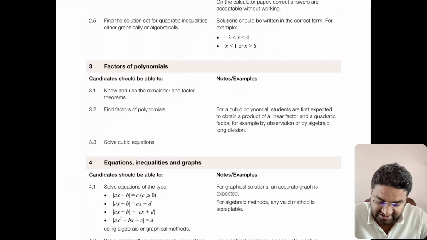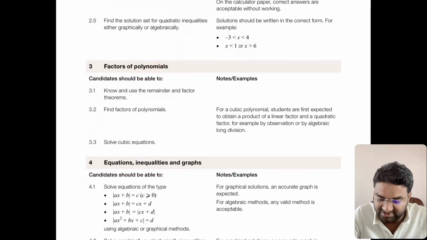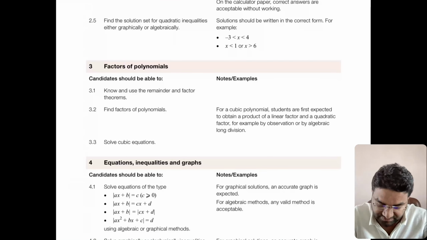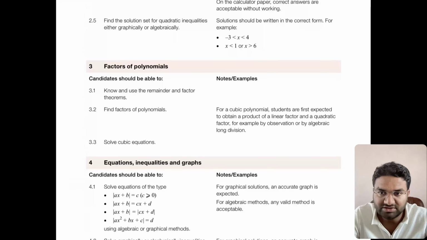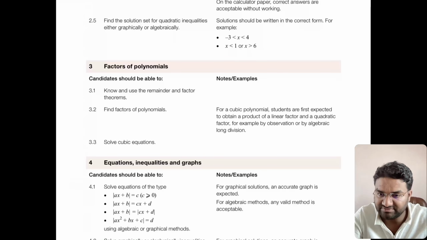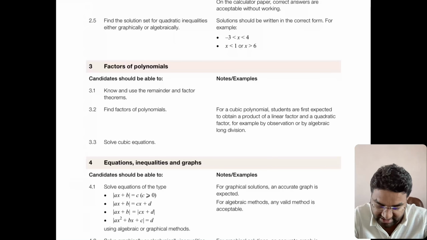Then factors of polynomials. Here we have how to factorise a polynomial, more specifically cubic polynomial division and quartic polynomial division. Then the remainder theorem and factor theorem are covered.